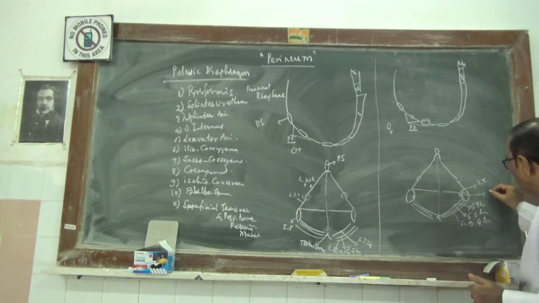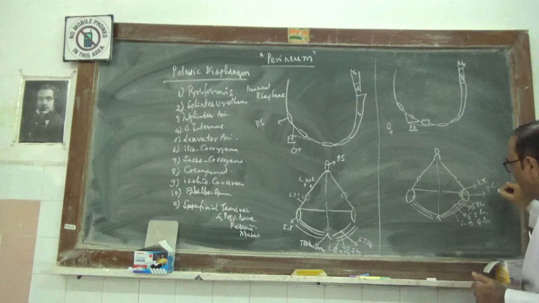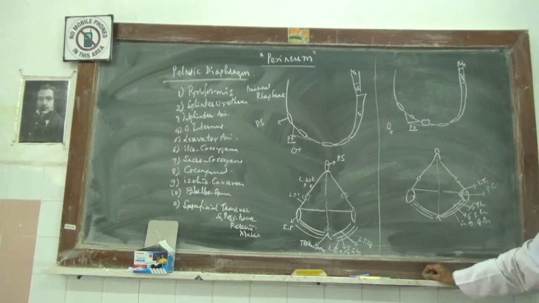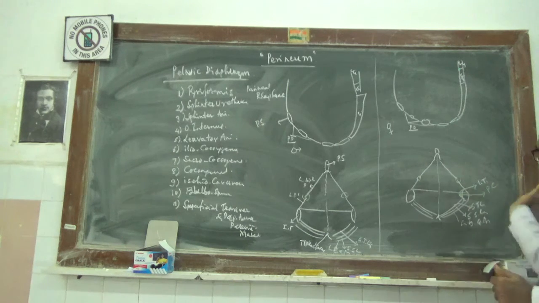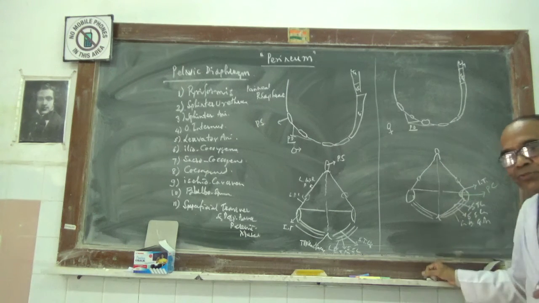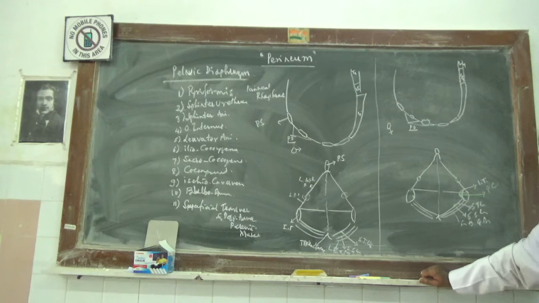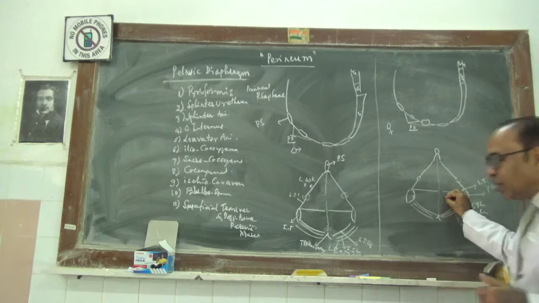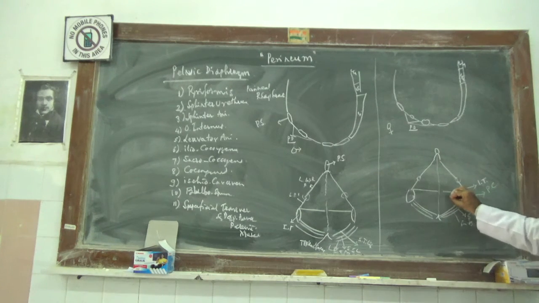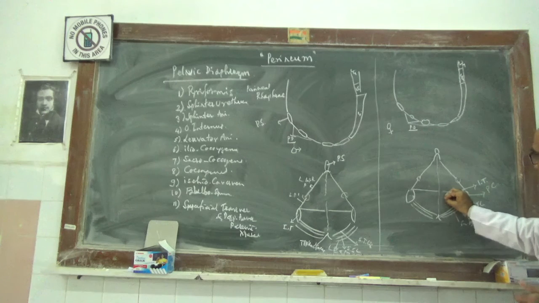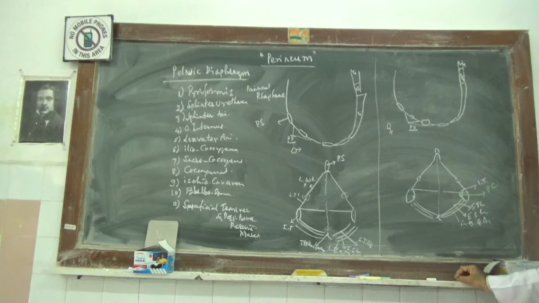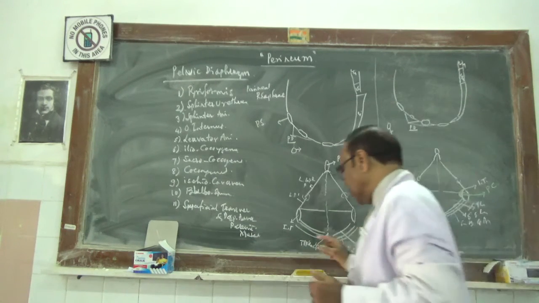That canal is called the pudendal canal, through which the internal pudendal artery, internal pudendal vein and internal pudendal nerve with lymph vessels pass, and it forms the lateral limit of the fossa present between the lateral surface of the rectum and the medial surface of the ischial tuberosity, known as the ischiorectal fossa. So this is the thing here.